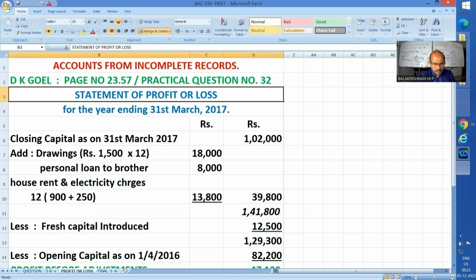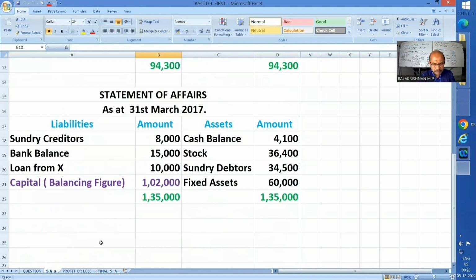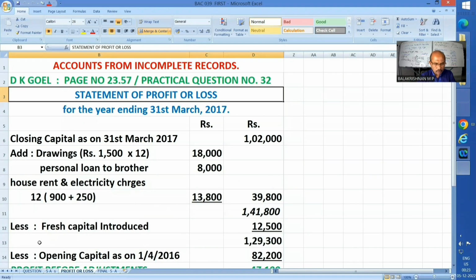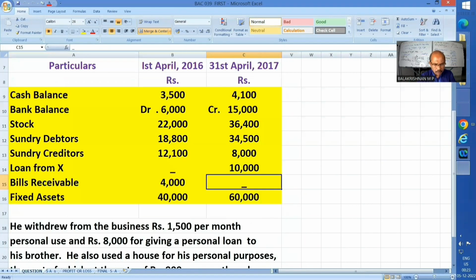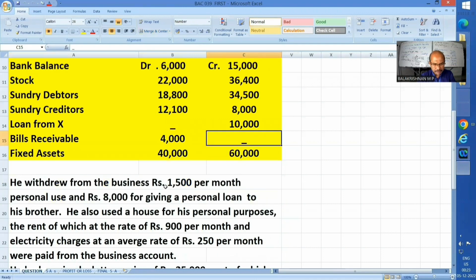Closing capital, we have just arrived at as 1,02,000. Then drawings. What they have mentioned about drawings, 3 components are there. Cash drawings 1,500 into 12, personally used. Similarly, personal payment, the loan to brother, 8,000, and another personal thing, 900 plus 250, monthly 1,150 into 12.